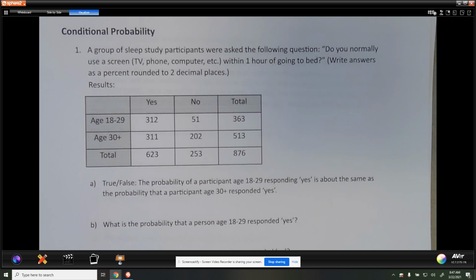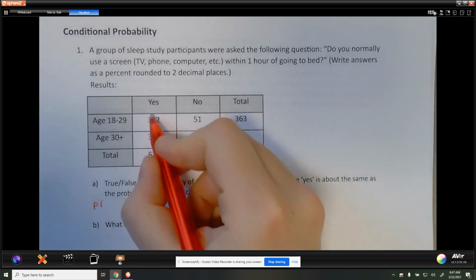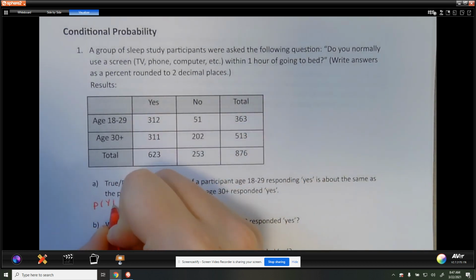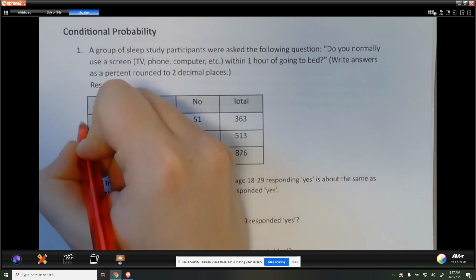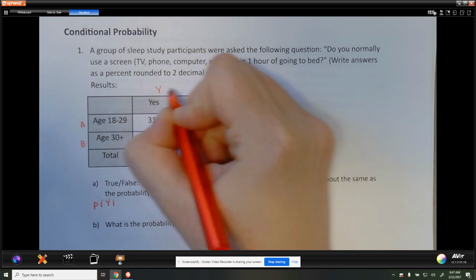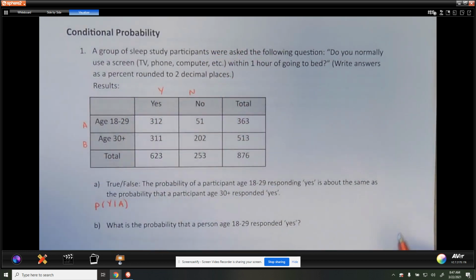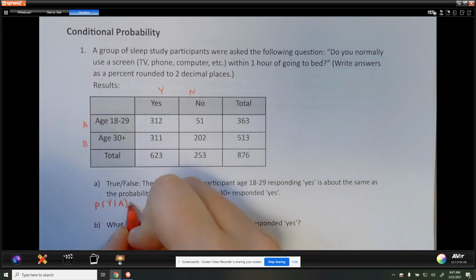So the first one is going to be the probability of responding yes, given that the person is 19 to 29. I'm going to say, we'll call this A. This is yes, no. Okay, so we're given A, that they're 18 to 29.